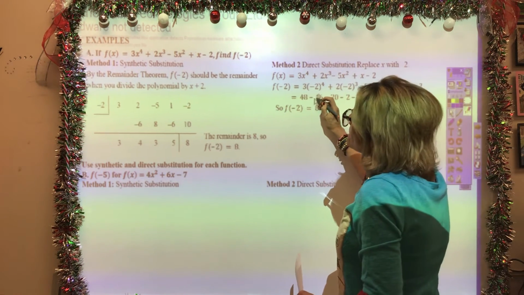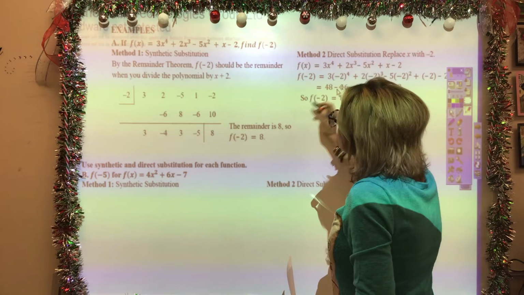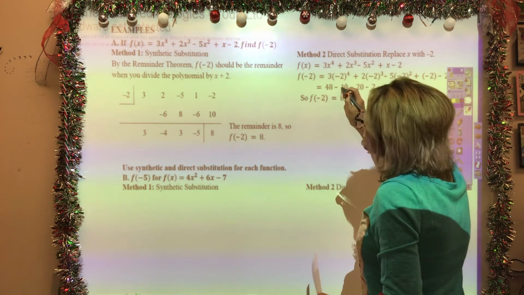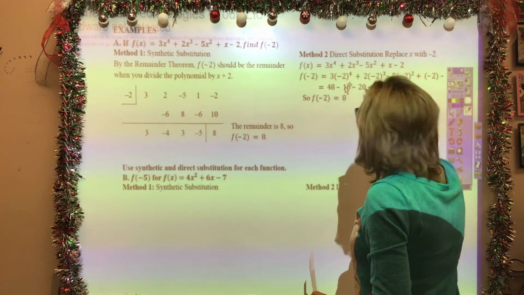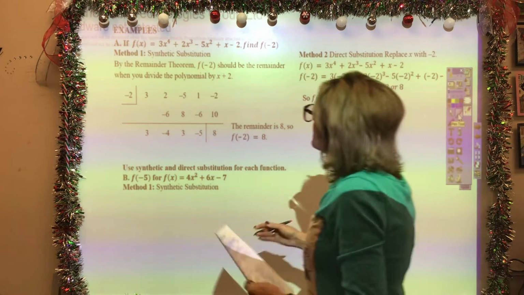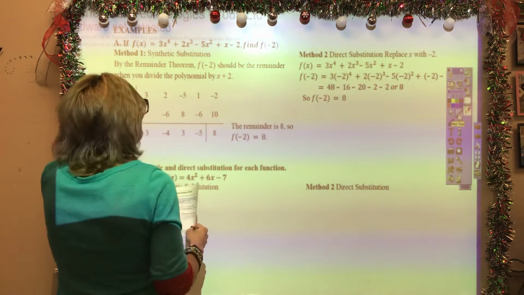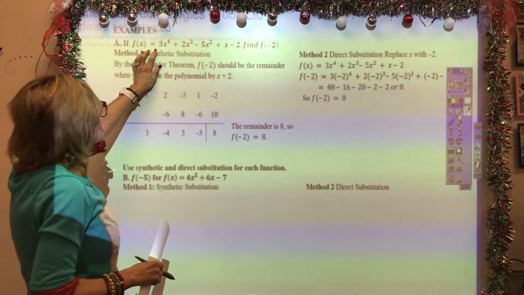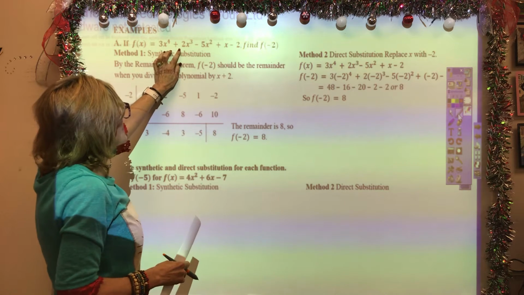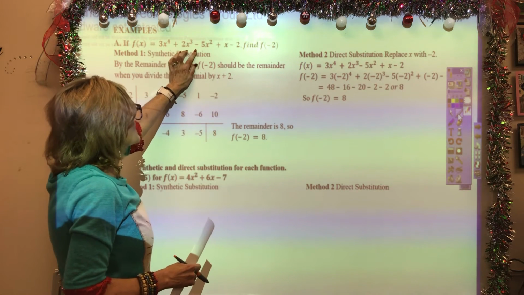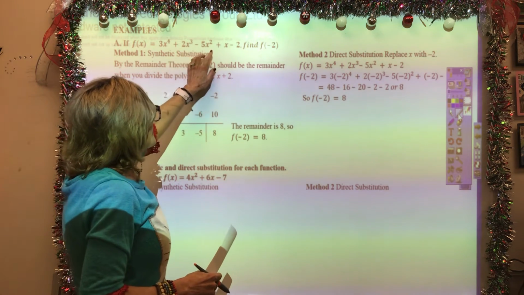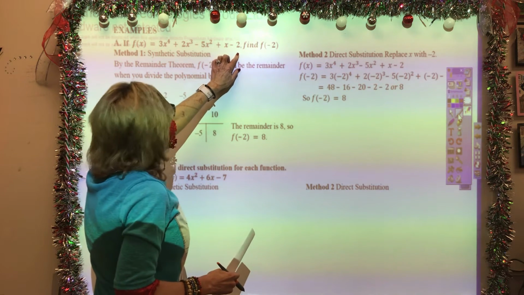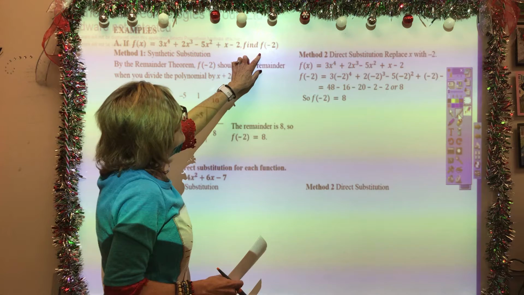Okay. So here is the first example, and we're going to look at 2 different methods. We want to see if f of x is 3x to the fourth plus 2x cubed minus 5x squared plus x minus 2. We want to find f of negative 2.